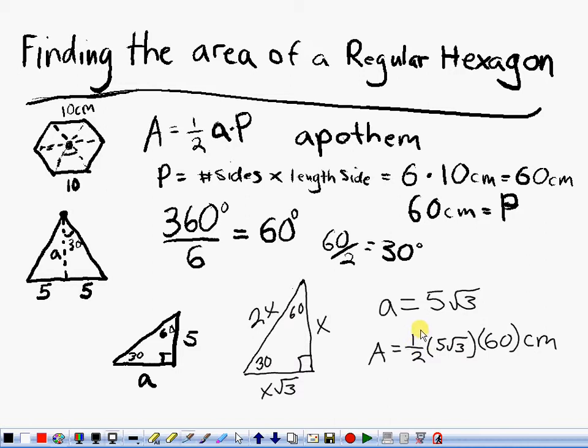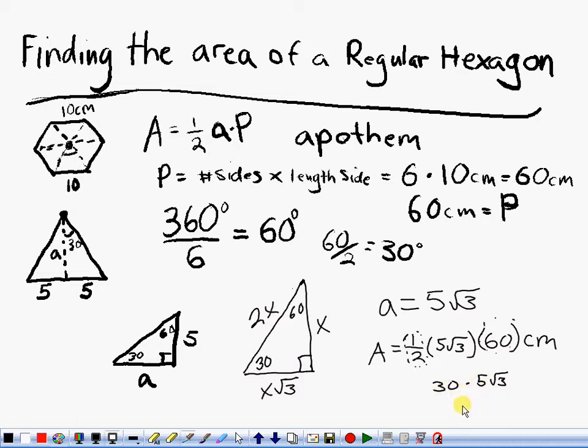So how I like to do it is I take 1/2 of 60, which is 30, and I write 30 over here, and then I multiply that by 5√3, and the 30 just multiplies by the 5. 30 times 5 is the same thing as 5 times 3 with a 0 on the end.